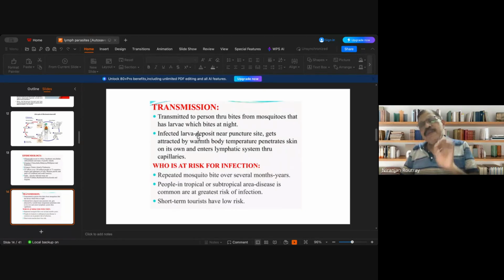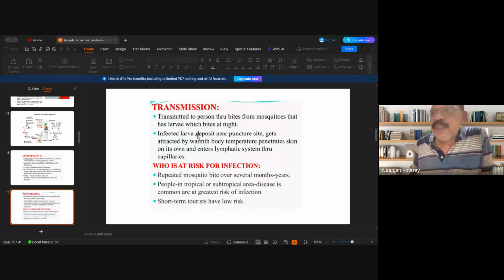Of course, if it contains microfilaria, it may not be that the microfilaria have already matured enough to go into the infective stage. So repeated bites must be there for a person to exhibit the clinical symptoms of filariasis.